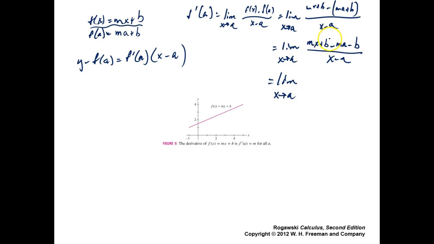which is the limit as x approaches a of, guess what goes out up here? Plus b minus b adds to 0. I can deal with that. And what have you got left up there? mx minus ma over x minus a. Well, what can you do with that numerator now?